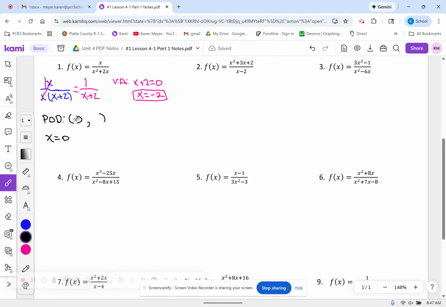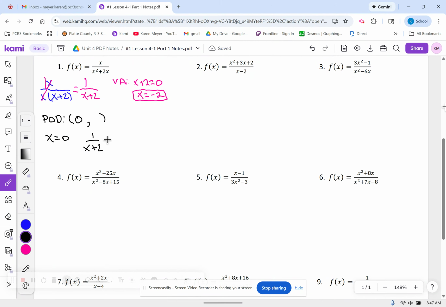Boom. Now to find the Y value, you're going to take the answer for X, which is 0, and plug it into the equation that you had left. So we had 1 over X plus 2, that's what we had left.